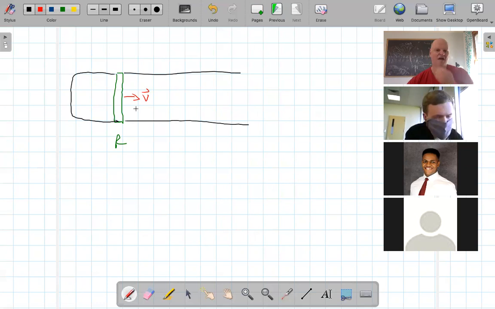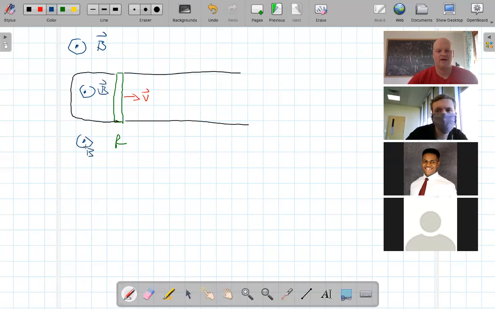Now, as we just talked about, what will happen then is this guy moving in an external magnetic field. Again, let's take our magnetic field pointing outward throughout the entire region. This thing is going to create an EMF across the rod, where that EMF, again, is going to be equal to simply the magnetic field times the length times the velocity.